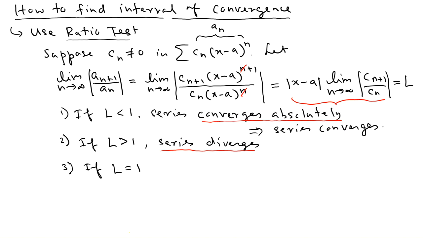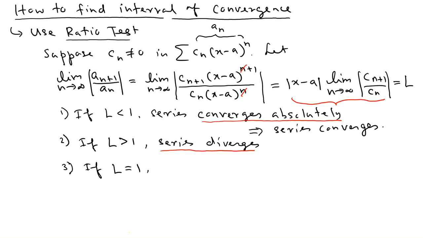That happens sometimes. For example, if you look at the harmonic series, L equals 1. And if you look at, for example, sigma n squared, L again equals 1. And if you see 1 over n squared, L is also equal to 1, but some of those series converge, some of them diverge.